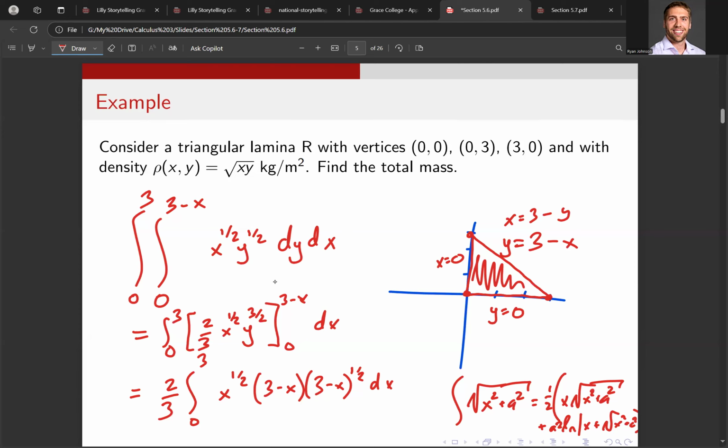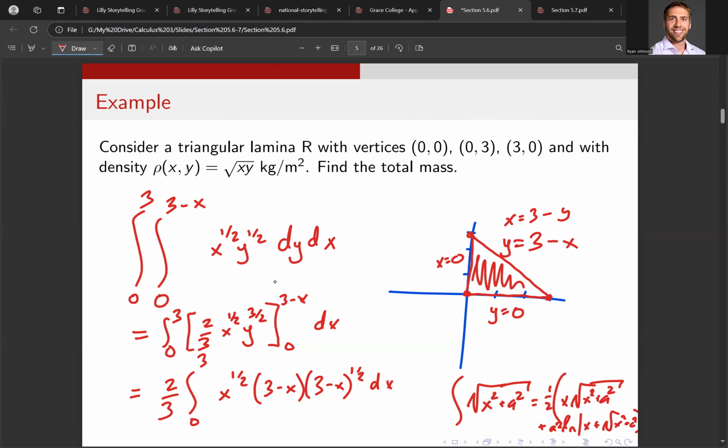If I swap x and y, is it the same shape? If I swap x and y, is my density the same? The density and the shape both have x, y swapping symmetry, which means I only have to calculate one of these moments of inertia. Okay?